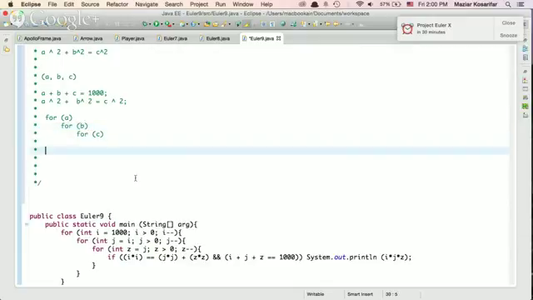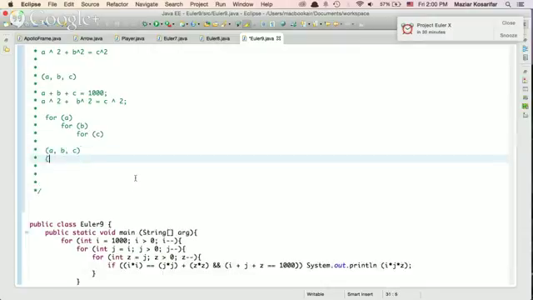Why is that? Because if A, B, and C are working, then B, A, and C is also accepted.